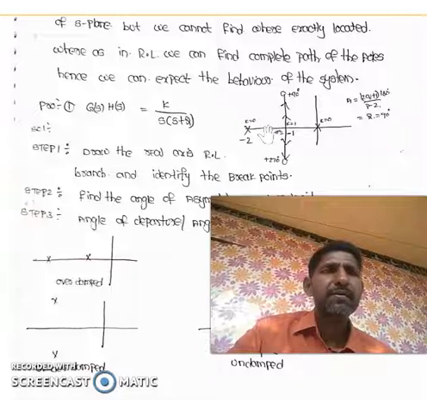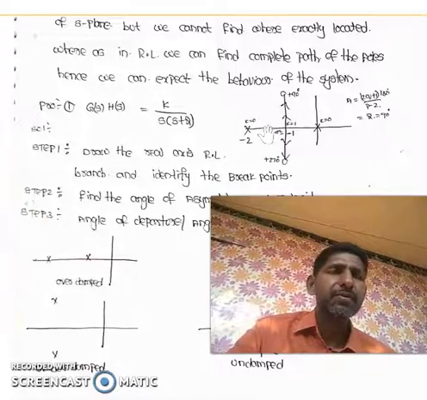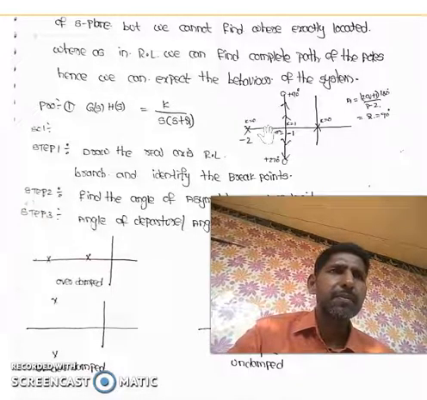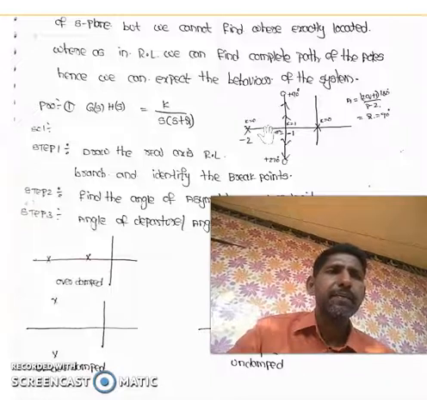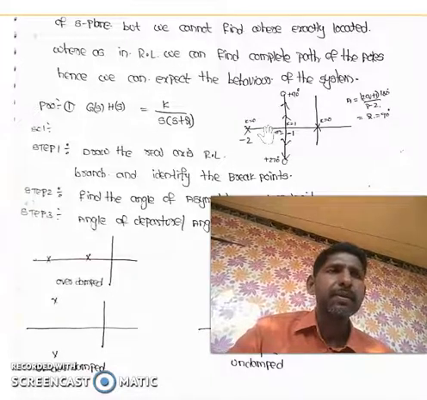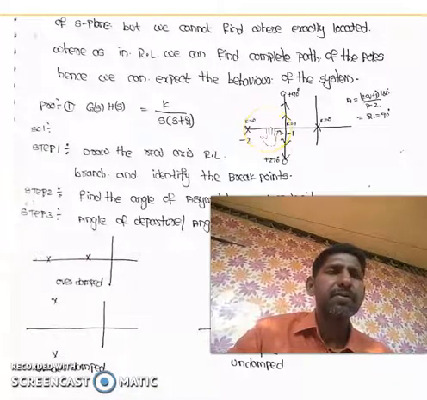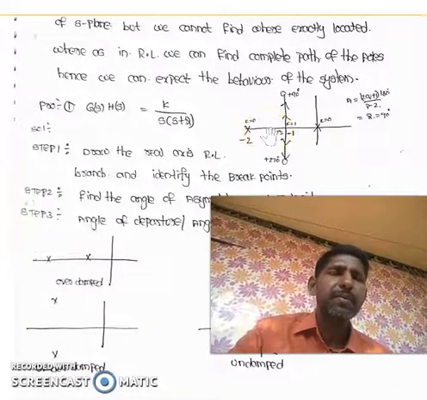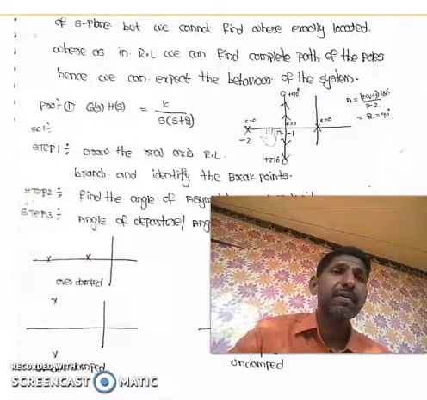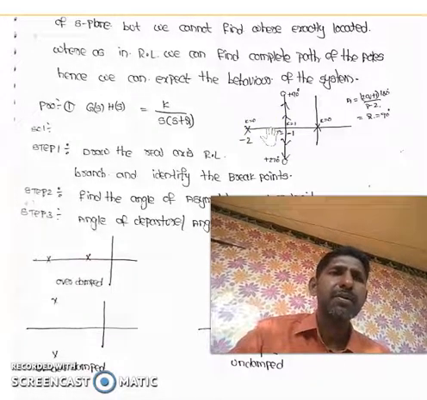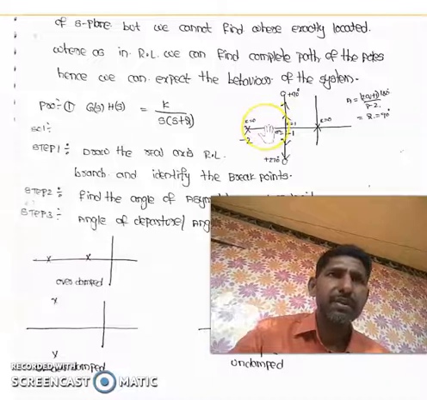To the right side of -1.5, we count the number of poles and zeros. If the number of poles plus zeros is odd, then at -1.5 the root locus is present. If it is even, then the root locus will not be present at that point.